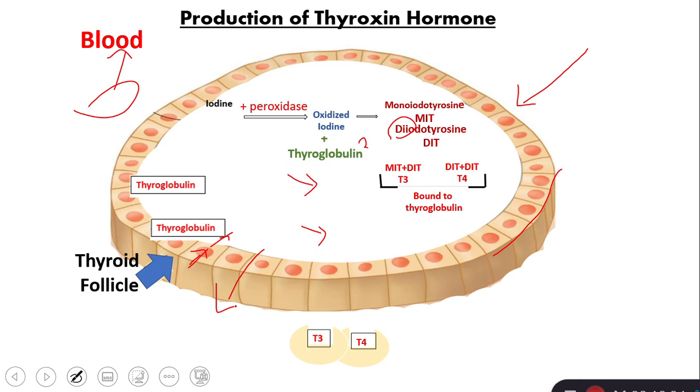The T3 and T4 hormones cannot be free in the circulation because they are lipid soluble hormones. So they have to be carried with a protein carrier so that they can swim in the blood to their target organs.